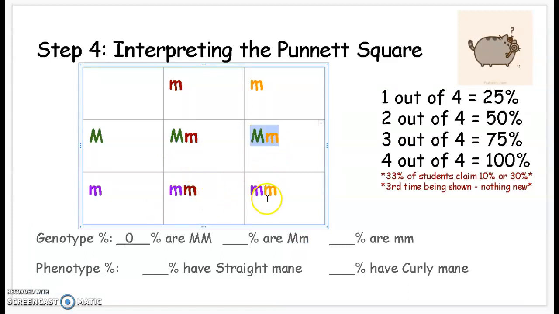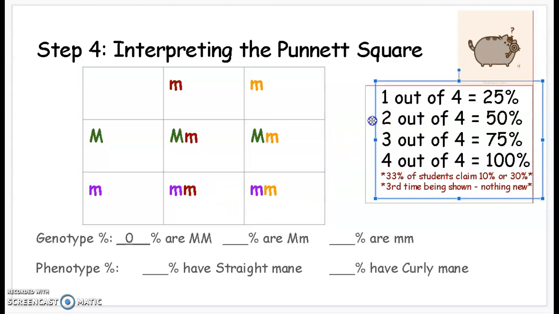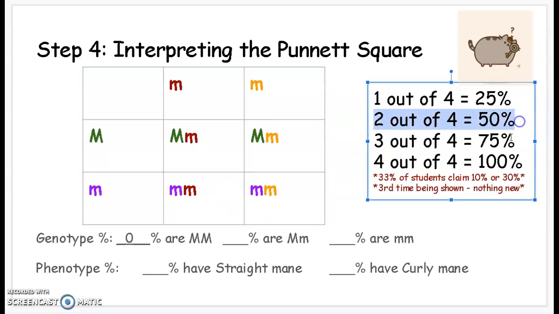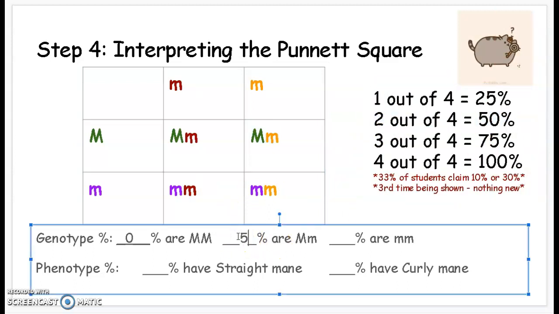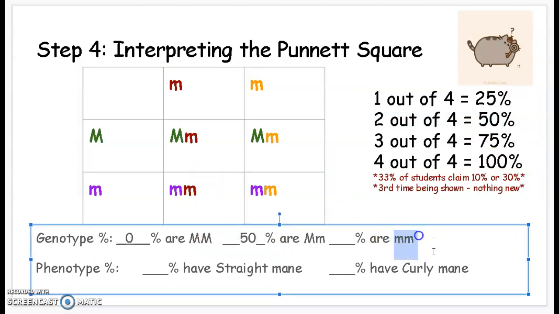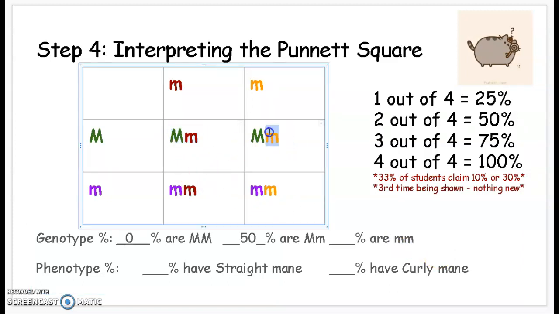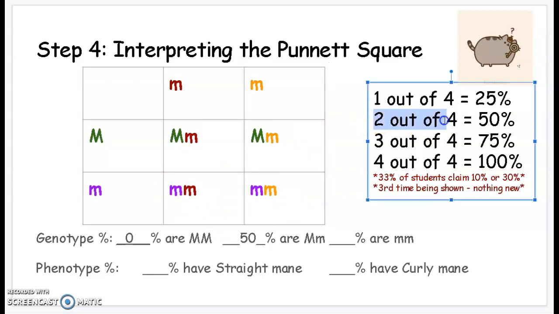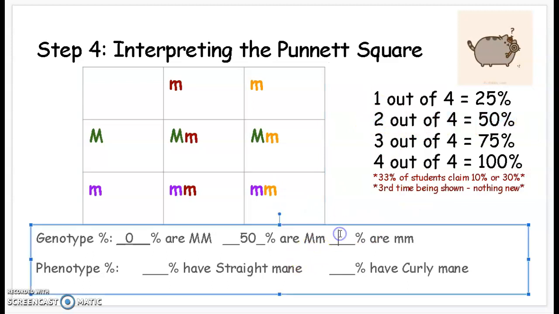Nope. Nope. 2 out of 4. 50%. How many are homozygous recessive? No. Nope. 1. 2. 2 out of 4. 50%.